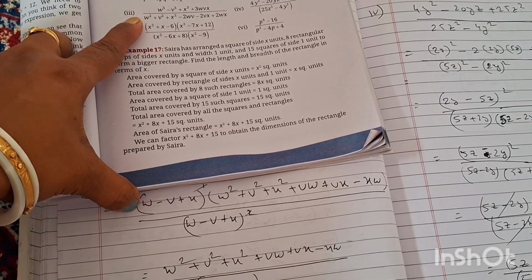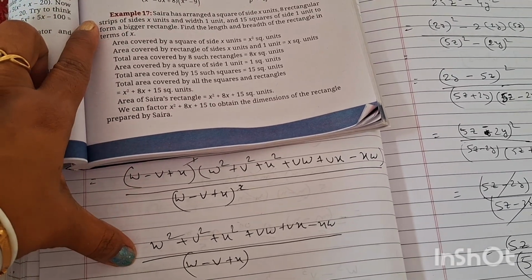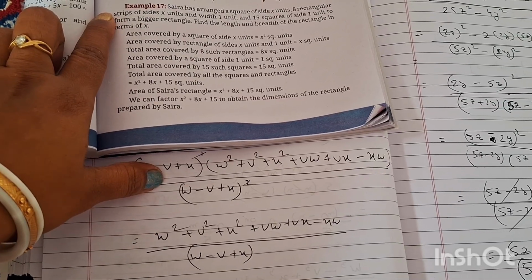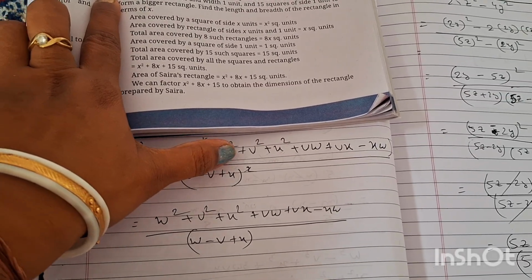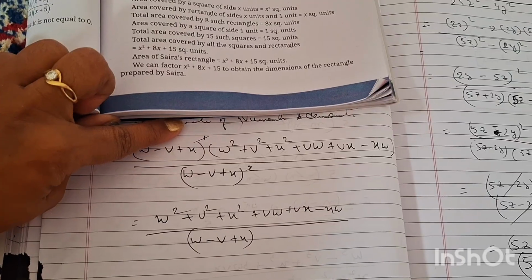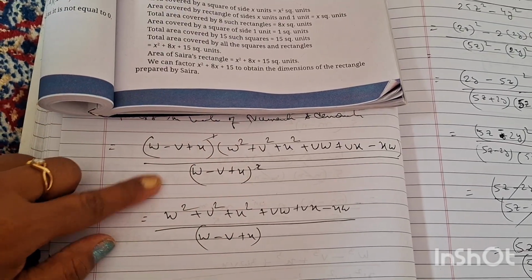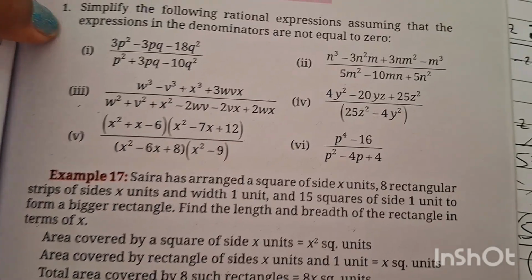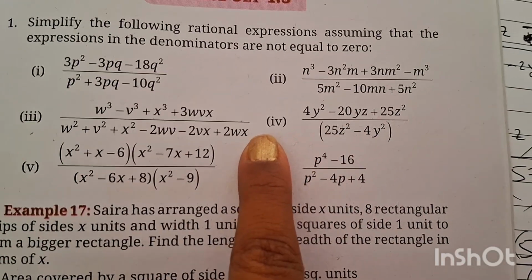Putting the value of the first part and the second part, you will get the answer. Here you have 2, here you have 1. So just you will get the remaining. Understood? Okay, let us do the next question, number 4.